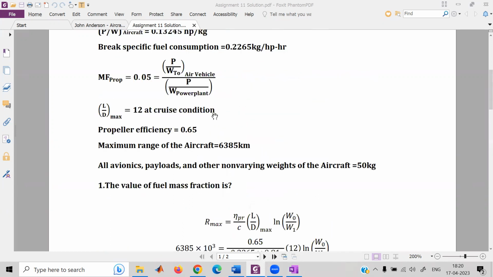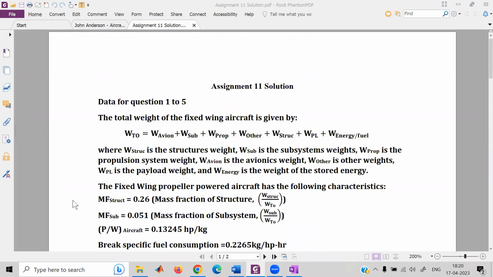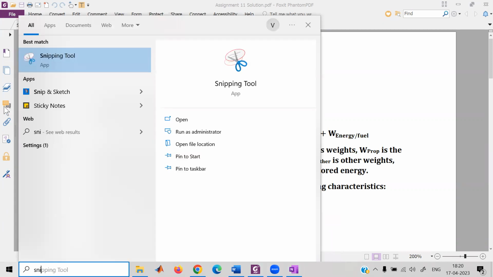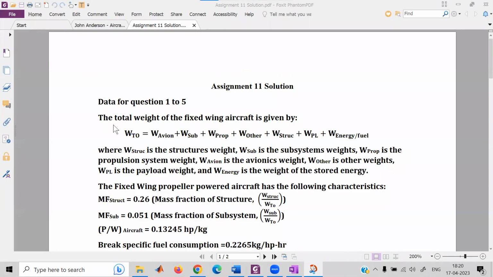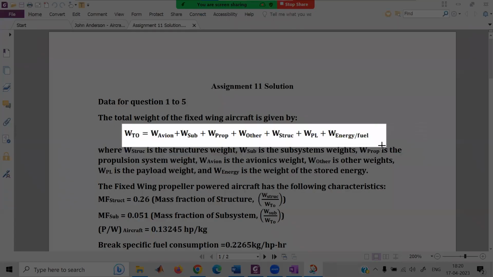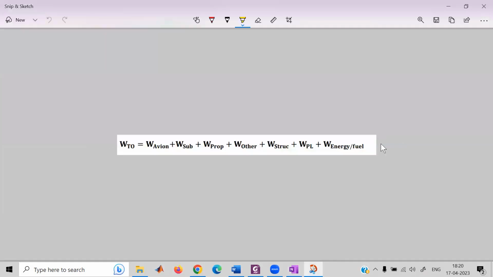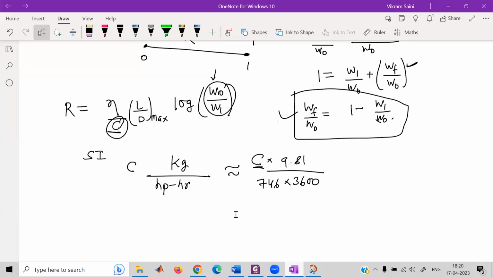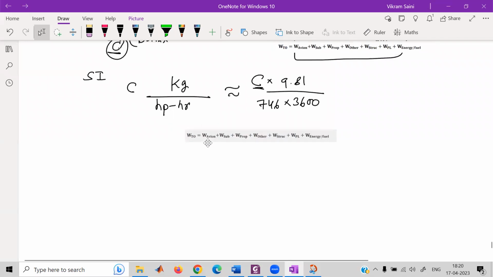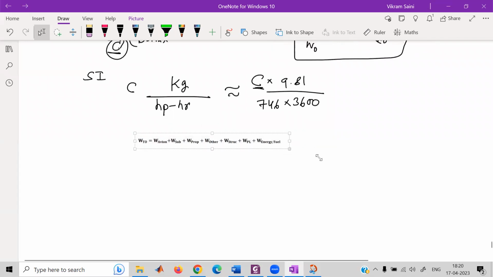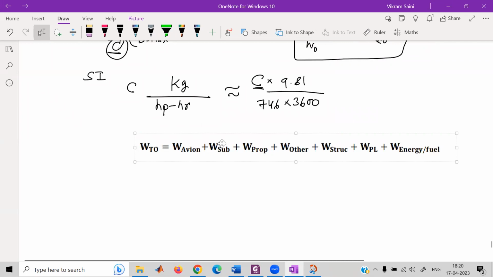So first we are going to look at this expression, and I'm going to take a screenshot of this expression from here. This is the expression we have. We copy it and bring it here.